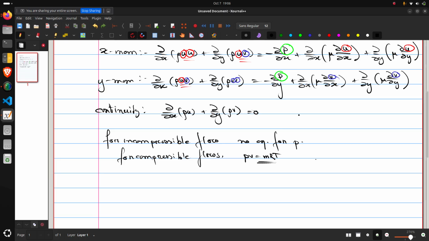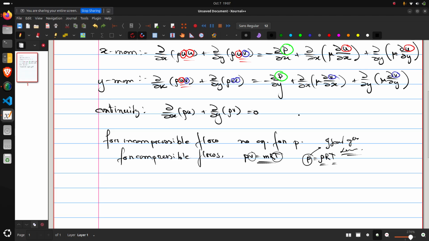We can invoke this relation, and we get the temperature and the density also. P is equal to rho RT, where rho is mass by volume. If we get the density and the temperature, we can calculate the pressure using the ideal gas law, right? But for incompressible flow, this is not the case, and this poses a serious problem.